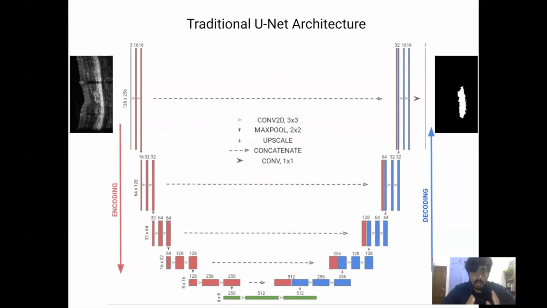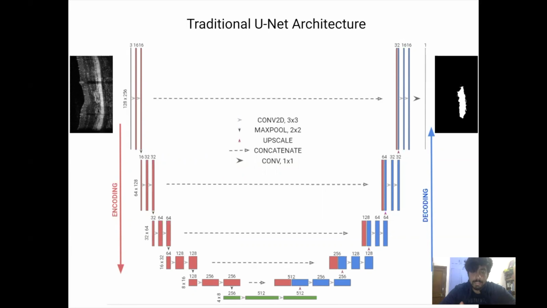So essentially the job of the encoding section of the U-Net architecture is to just take the image as the input and give you a very compact and dense matrix, which in this case is 4 cross 8 cross 512, right?